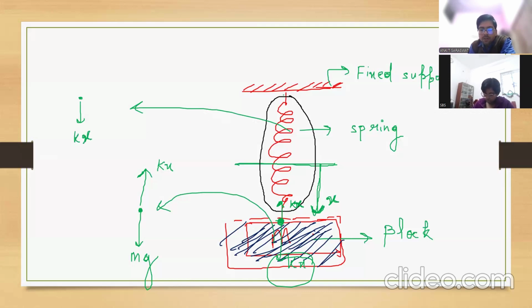Now who is holding this spring tightly? This spring is fixed here. This support is also applying some force, the force due to the support, F dash.